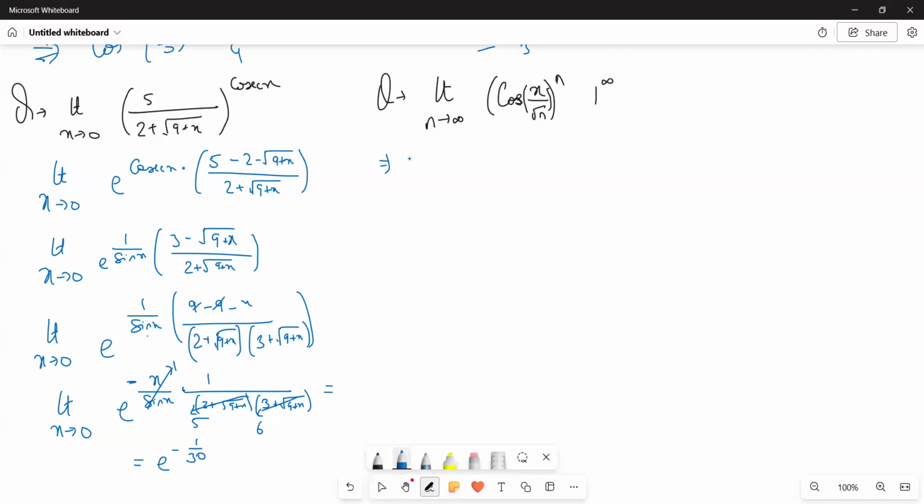Solve it as such. So limit n tending to infinity, e to the power g(x) into (f(x) minus 1). So cos x by root n, and we get a minus 1. Okay, now for cos, what is the standard limit?